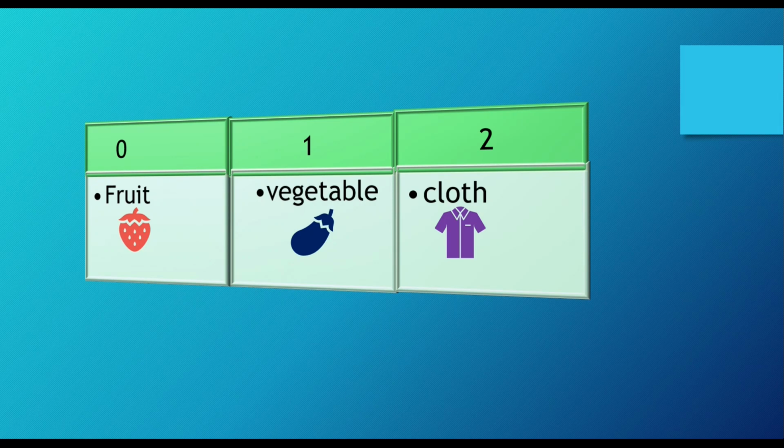If we consider it as one whole unit, we will say this is the collection of fruit, vegetable and clothes, which is stored at 0 place, 1 place and 2 place respectively. So in JavaScript, arrays work somewhat like this.